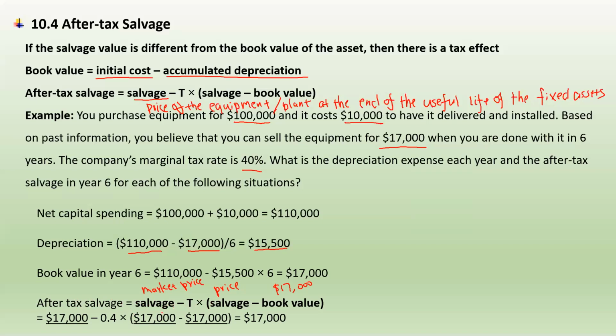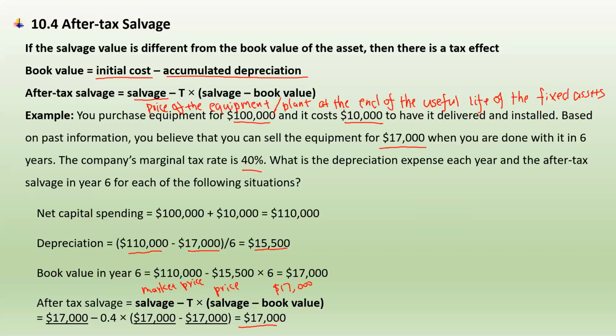So your after-tax salvage value will just equal your book value and equal your market price. And this is a cash inflow to you, so we need to add this after-tax salvage value in the cash flow from assets. That is part of net capital spending.